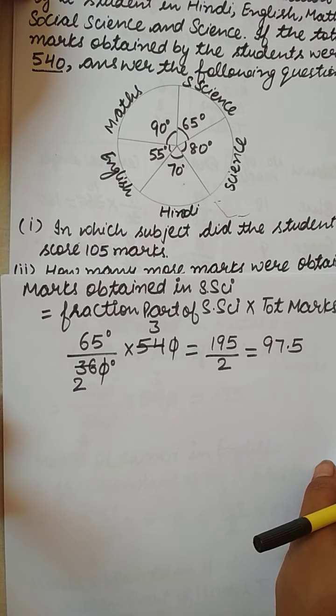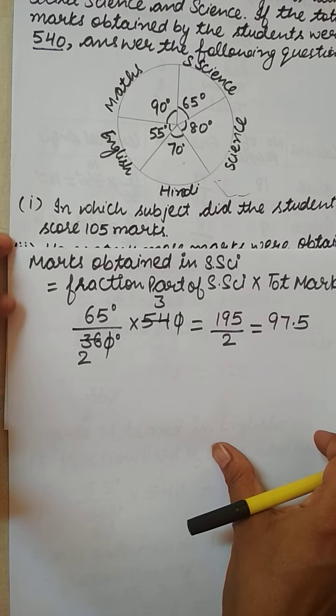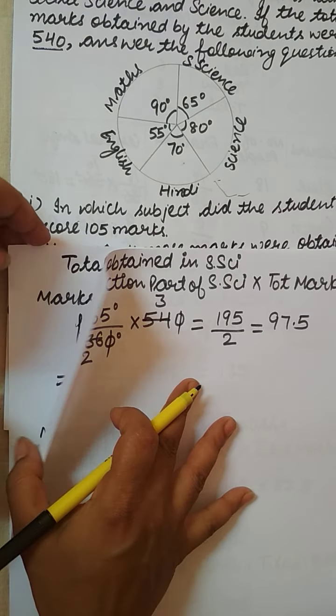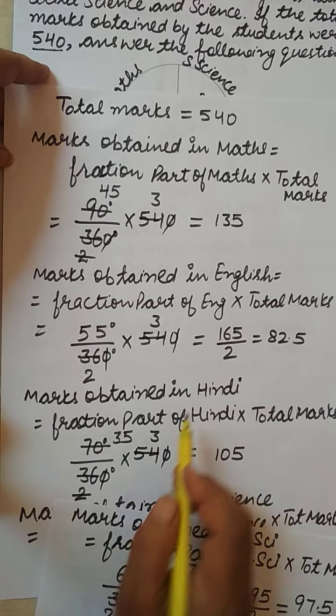The first question is, in which subject did the student score 105 marks? Now we will see from the marks calculated, the 105 marks are in the subject of Hindi.